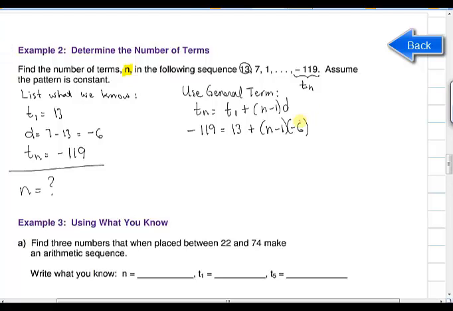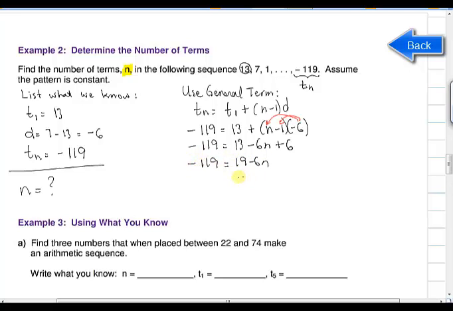The first thing we want to do is distribute the -6. So we're going to go -119 equals 13, and then -6 times n is -6n, and -6 times -1 is +6. Then we combine our like terms on the right-hand side of our equation, 13 plus 6, and that's going to give us 19. Then we'll bring our 19 over to the left-hand side.